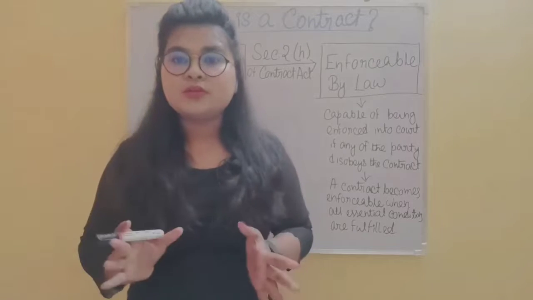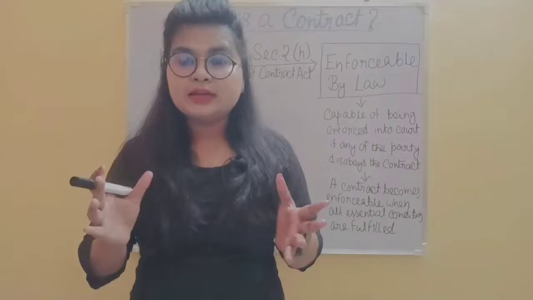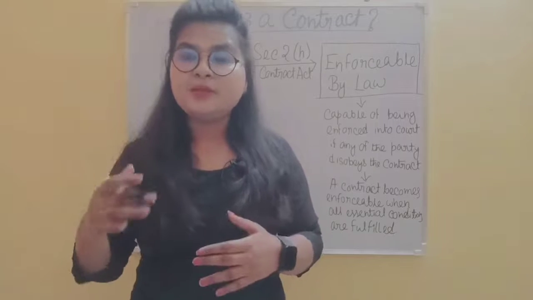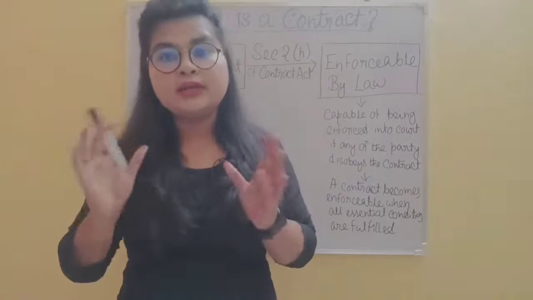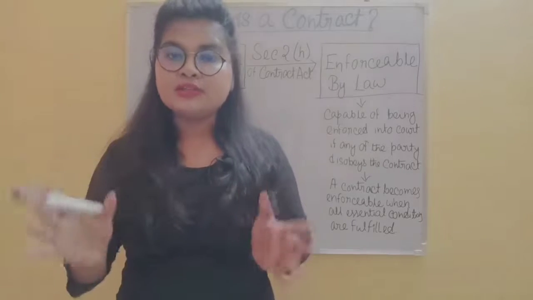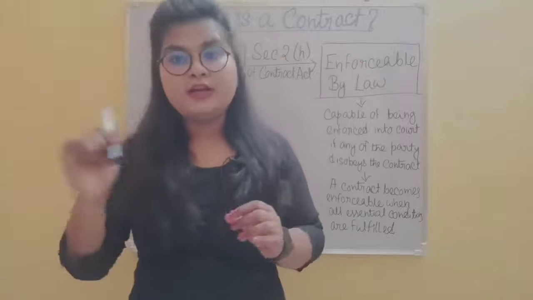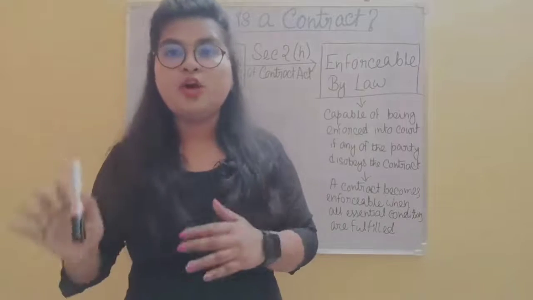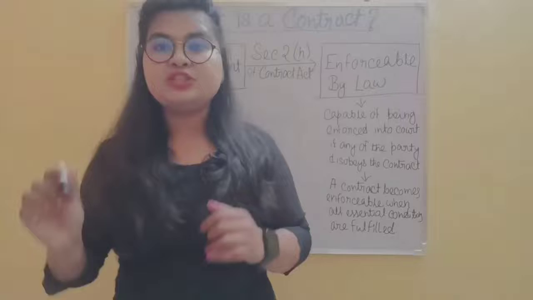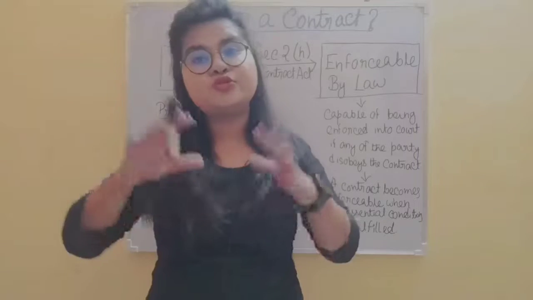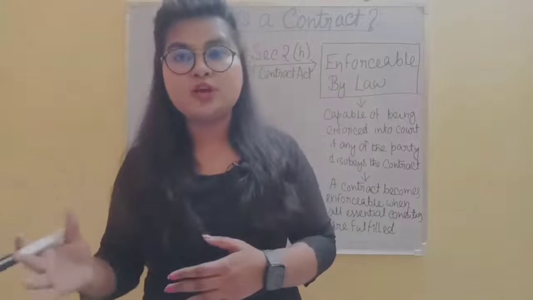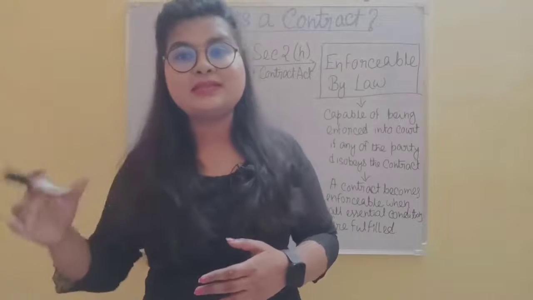So a contract becomes enforceable when all the conditions mentioned in the Indian Contract Act are met. All the agreements which are made with all the essential conditions mentioned in the Indian Contract Act, and which are enforceable by law, become a contract. So that was the basic concept of contract.